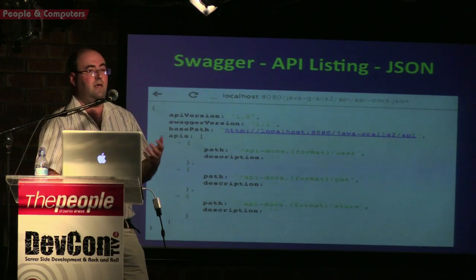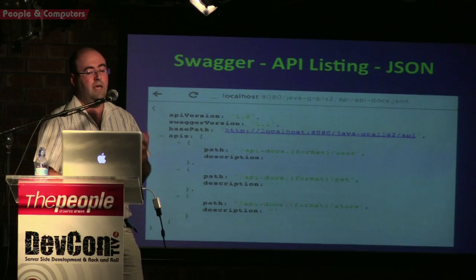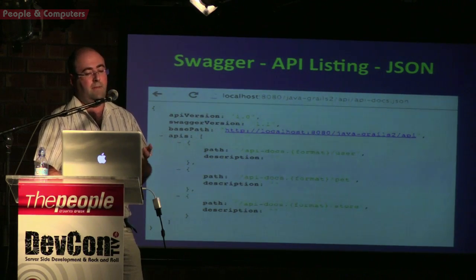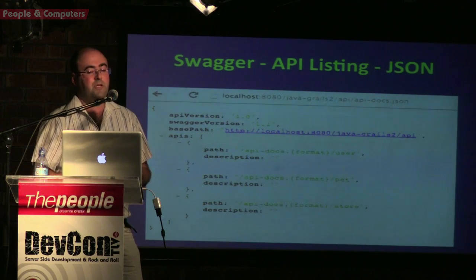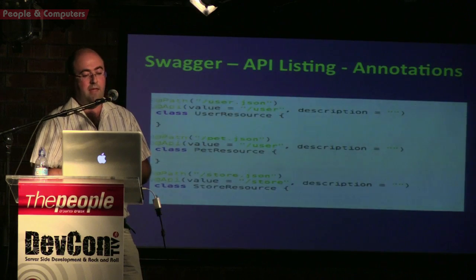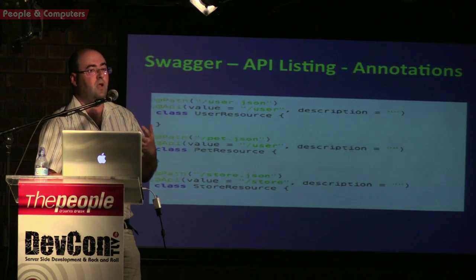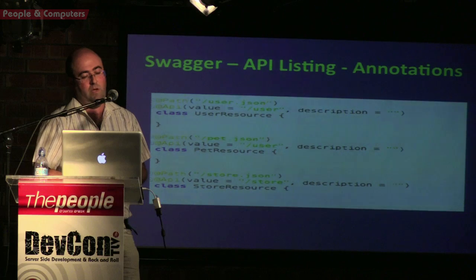You can specify the API version and the Swagger version that you are using here. You can see the list of the APIs, and for each of the APIs you can see its details. You can specify a description of this API. And if you are in the JVM world, you can also annotate the actual API code with Swagger annotations. If it's not a Java world, there are solutions as well.